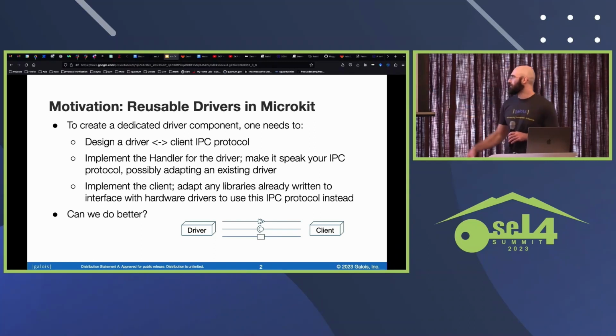So all of that combines into a protocol that the driver and client use to talk to each other.